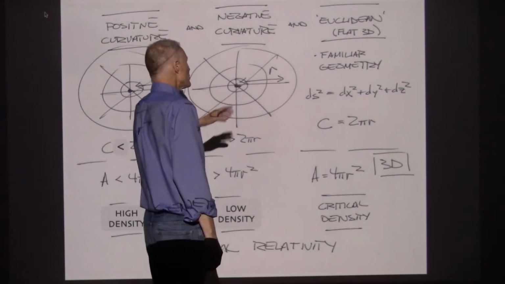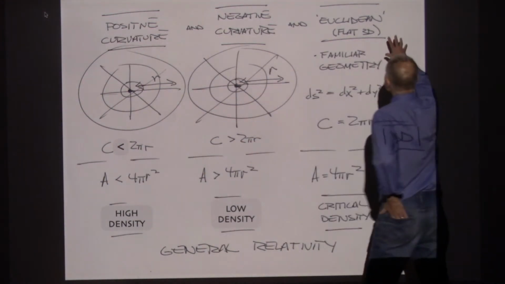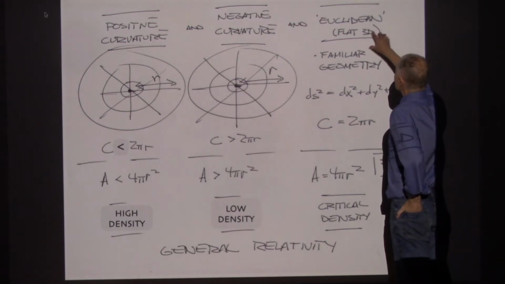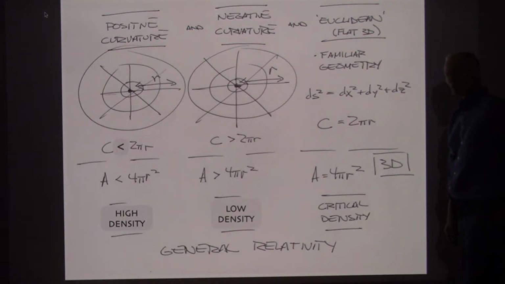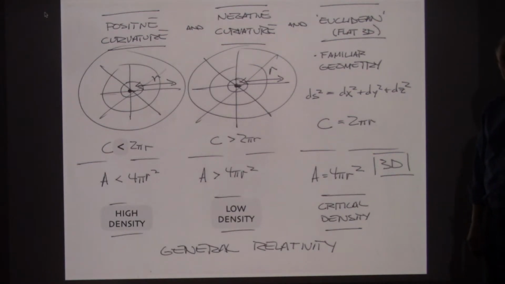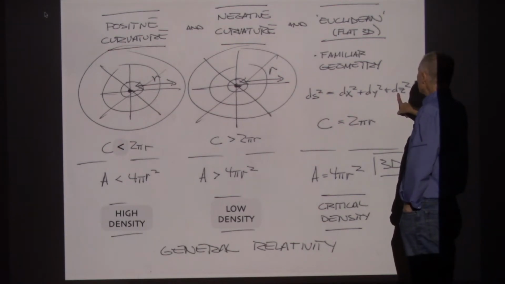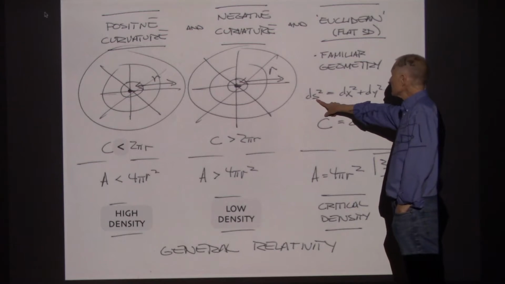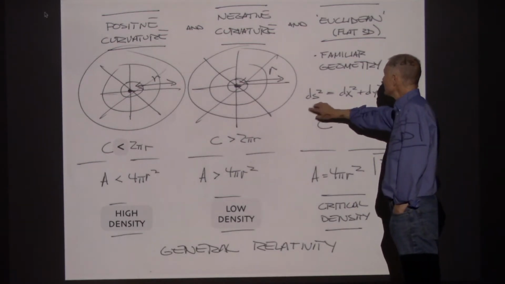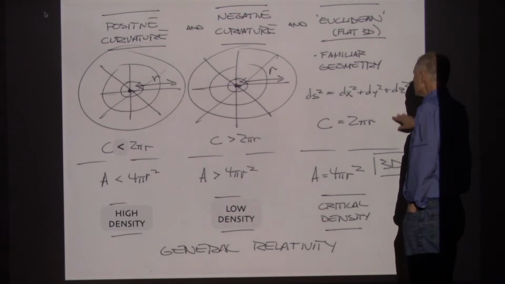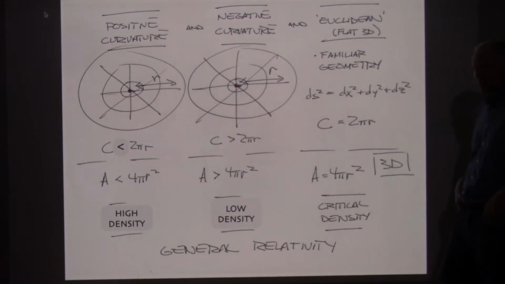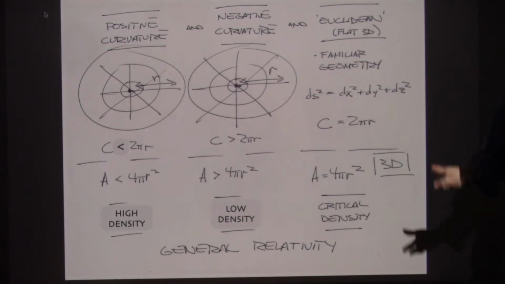Now, the familiar geometry that we've learned is Euclidean geometry, and it's referred to as flat. Euclidean is probably a better word for it. Euclidean geometry means that Pythagorean's theorem works in all 3 dimensions. And so if we take x squared and y squared and z squared and add those together, that will give us a distance squared. Now, I've written this in calculus terms because there's a branch of mathematics called differential calculus.